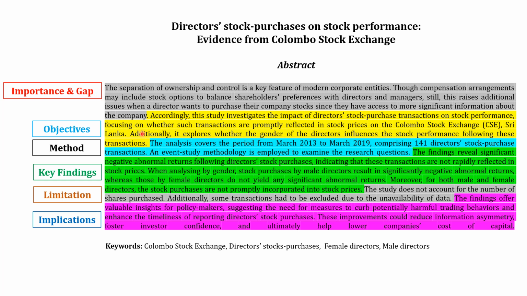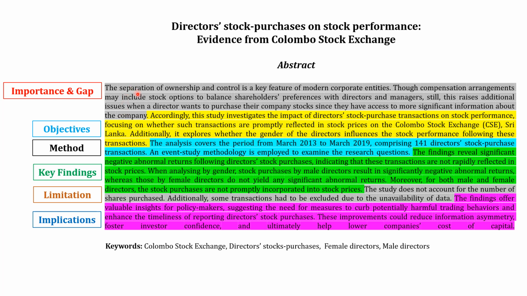Here it says the separation of ownership and control is a key feature of modern corporate entities. That is simply the agency problem. Though the compensation arrangements may include stock options to balance the shareholders' preferences with the directors and managers, this still raises additional issues when a director wants to purchase their company's stocks, since they have access to more significant information about the company.